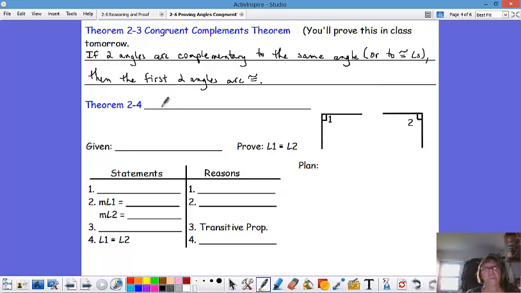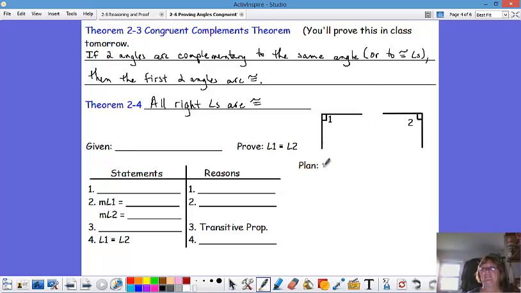We have two more that we're going to look at today, and these are going to be our final proofs about angles today. In this one, we started the setup for this previously. This theorem says that all right angles are congruent. And if you think about that, folks, they kind of have to be. They all measure 90 degrees, and angles that have the same measure have to be congruent.